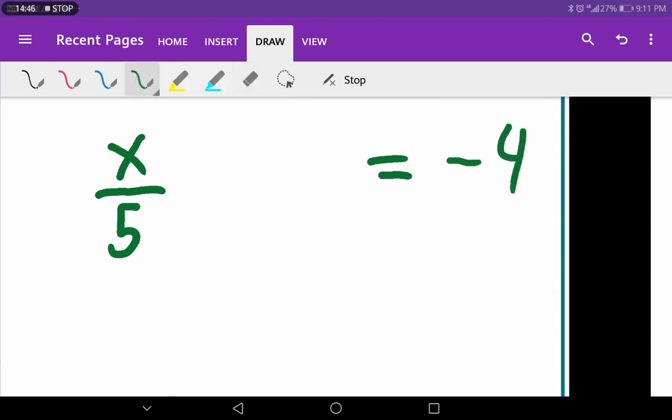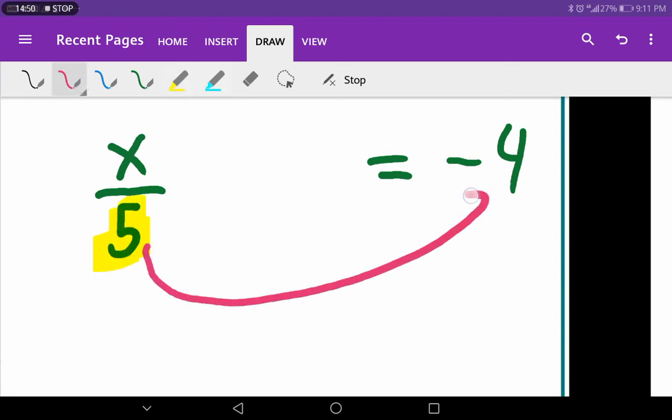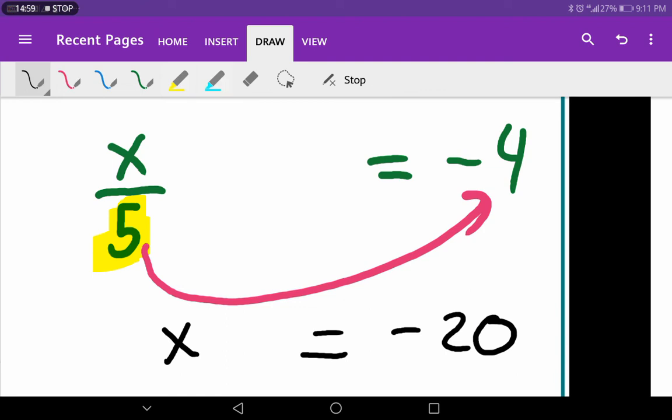Now I have the special case: the 5 down, directly I multiply it by this negative 4, so x must equal negative 20. Okay, my dear student? What else?